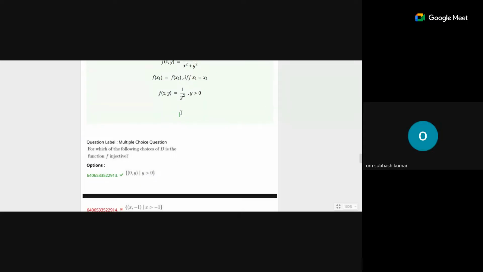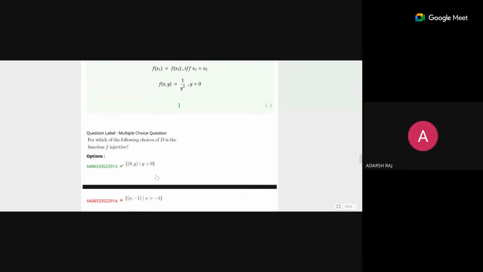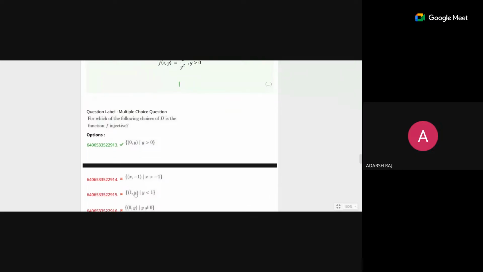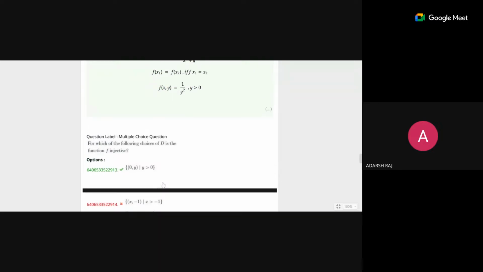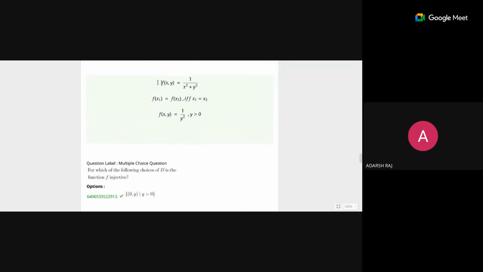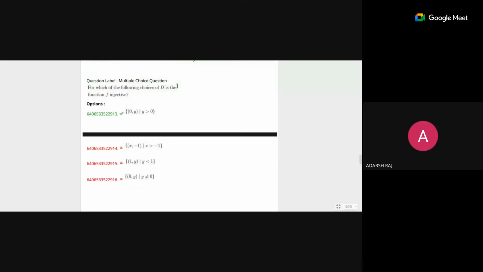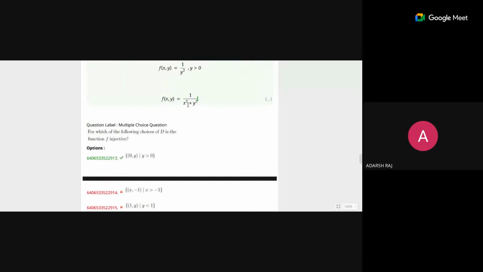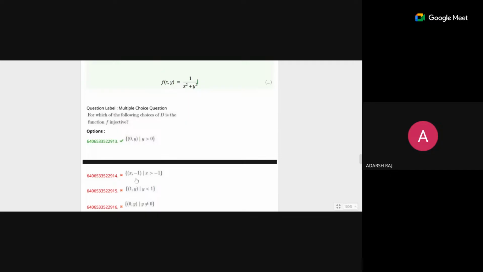And the second option says, if you take the domain as x and the value of y is minus 1, such that x is greater than minus 1. So just put this value into this function. If you put the value of x as x and the value of y equal to minus 1, this is what we get.